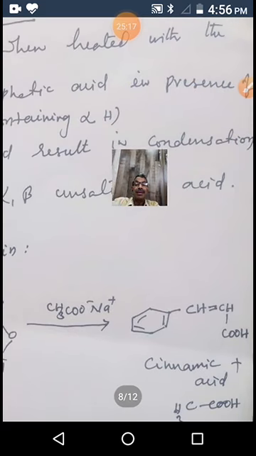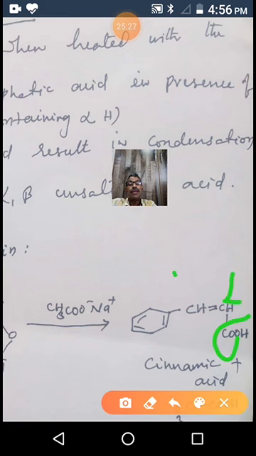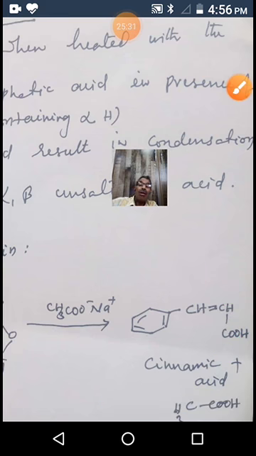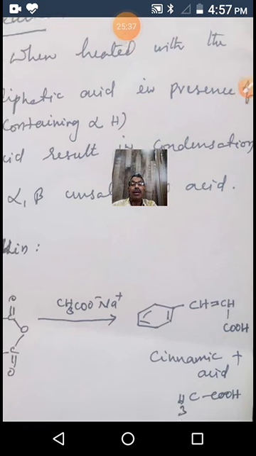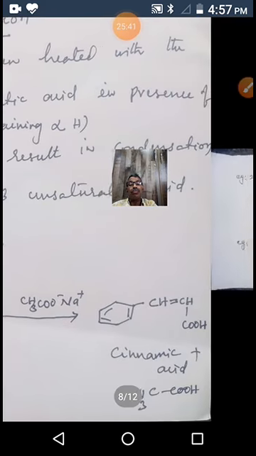This cinnamic acid is an alpha beta unsaturated acid. How can we say so? This is the alpha carbon, this is the beta carbon, and in between alpha and beta we have a double bond. That's why it is called an alpha beta unsaturated acid. It is called cinnamic acid, the product in the Perkin reaction. Acetic acid is a byproduct of this reaction.